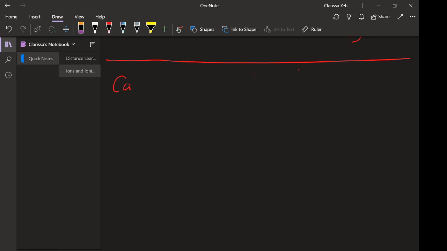Let me write this smaller so I can fit it all in one. So write this down, please. Calcium plus magnesium oxide, arrow. This is a displacement: calcium oxide plus magnesium.